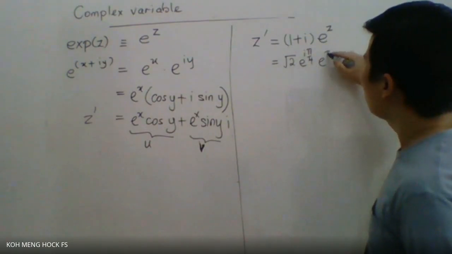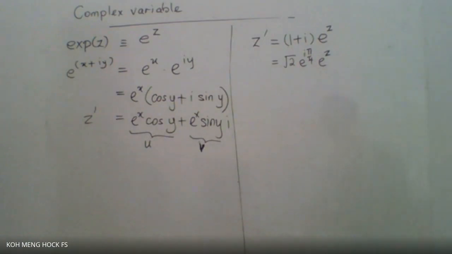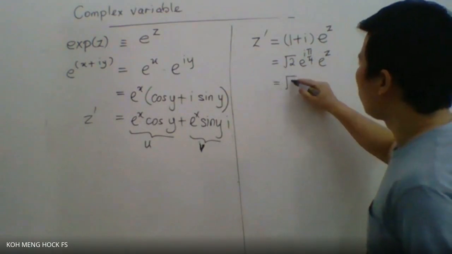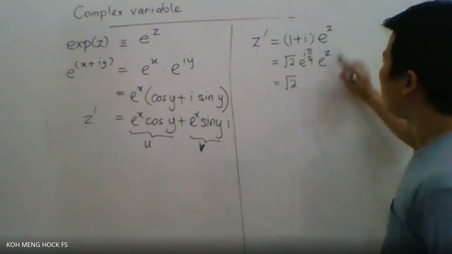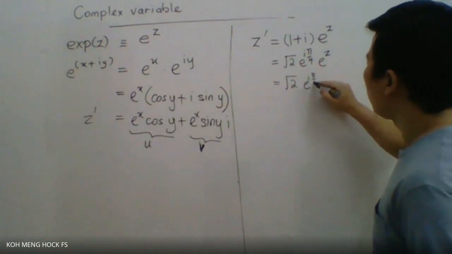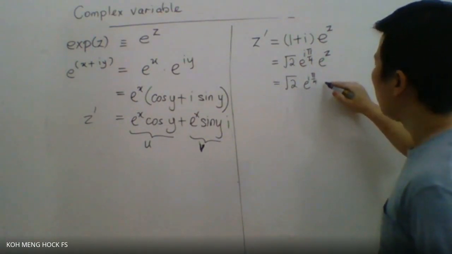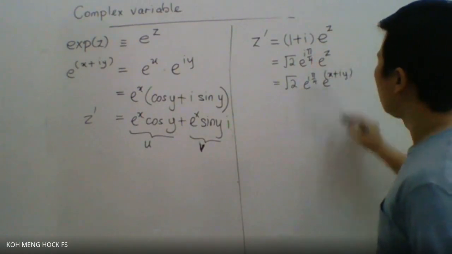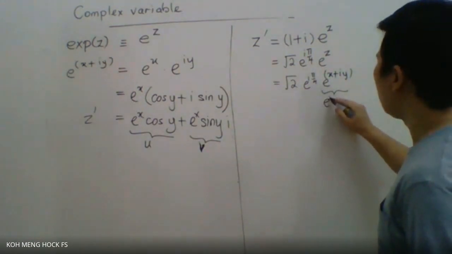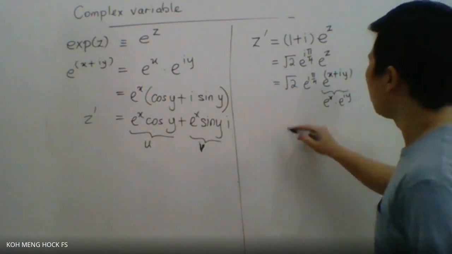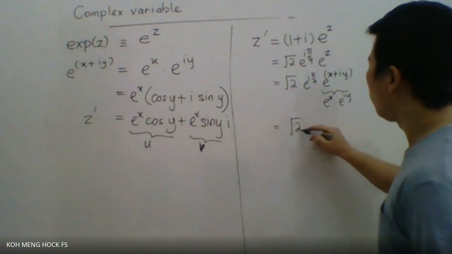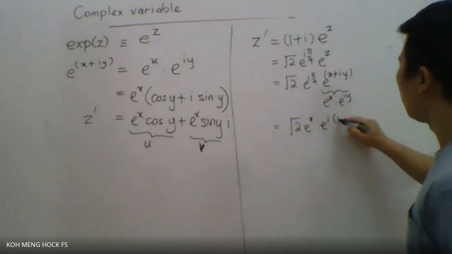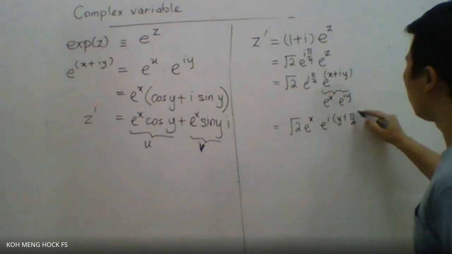And here, exponential z. So here this is going to be square root of 2, e^(i pi over 4). This is going to be e^(x plus iy). So this is like we did just now. This is e^x e^(iy), right? So now we have square root of 2, we have e^x, and then here you have e^(i(y plus pi over 4)).